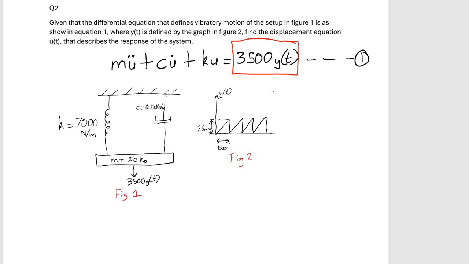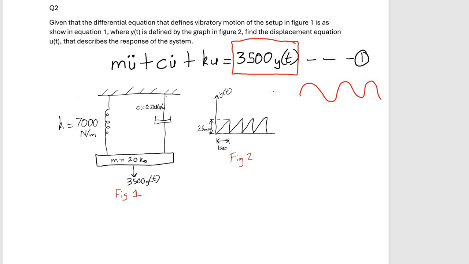As can be seen in the diagram, y(t) is a periodic function. But is it sinusoidal? No, it's not, because it is periodic, but it doesn't have the normal sinusoidal shape.